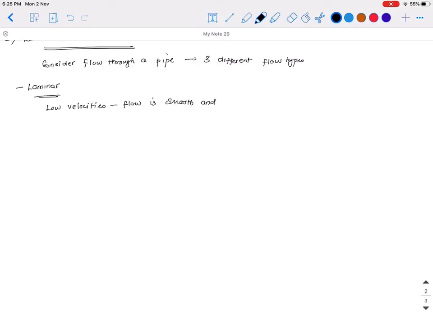We will observe a very smooth and ordered flow, and the flow occurs in parallel layers, with minimal cross stream mixing.